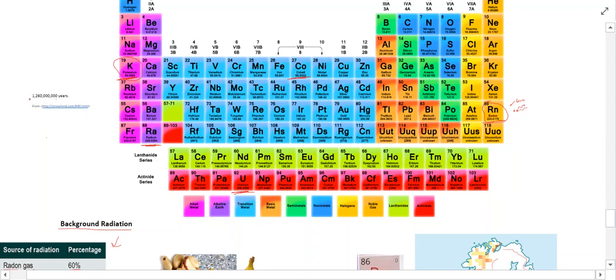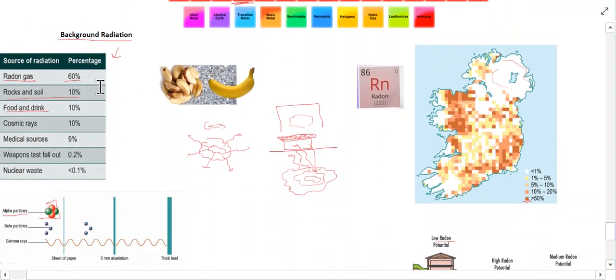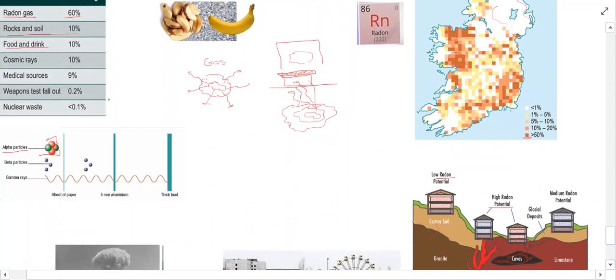So this here is the half-life of one of the radioactive isotopes of potassium. It takes this long for the concentration of the radioactive isotope to reduce by half through giving off radiation. The potassium isotopes give off beta particles, and they also give off some gamma rays as well.